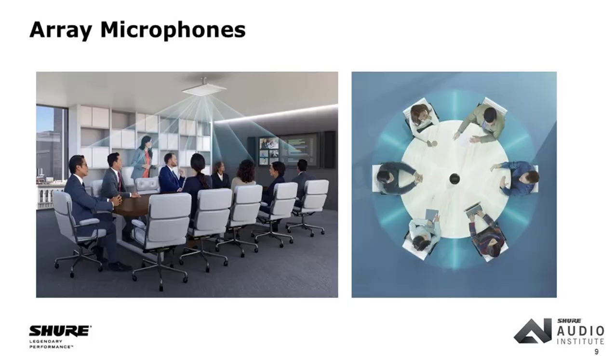Now, something a little newer in the microphone area is array microphones. The theory for these has been around for decades and decades, but they've only really become popular in the last few years or so.